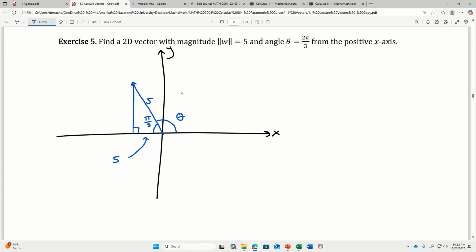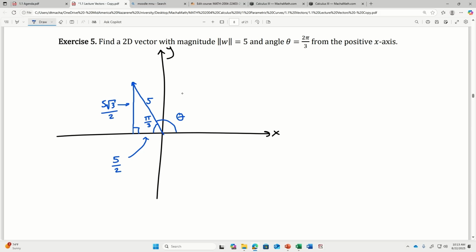Yeah, if this were the unit circle, it would be 1/2. And since now it has a magnitude of 5, it would be 5/2. And then this would be 5√3/2.